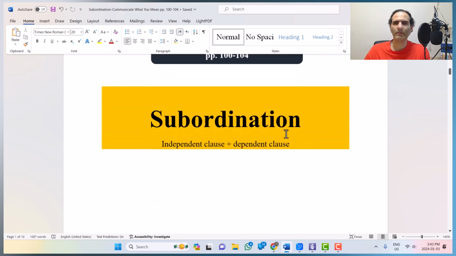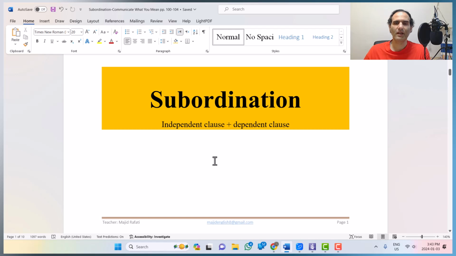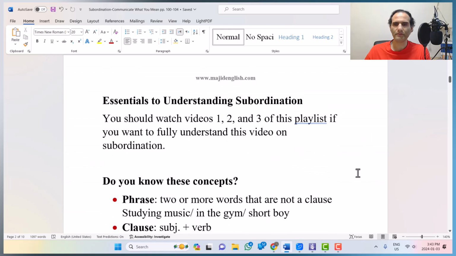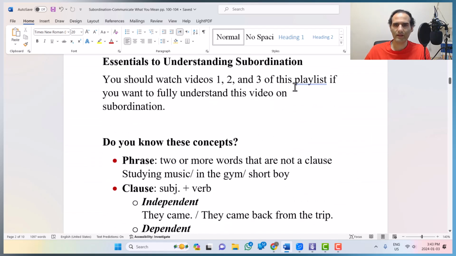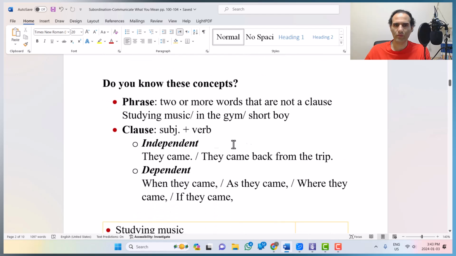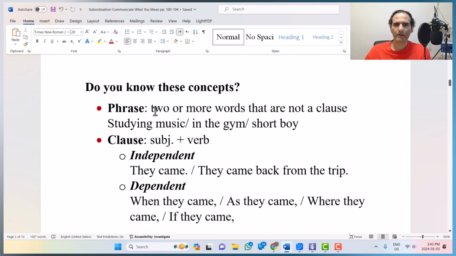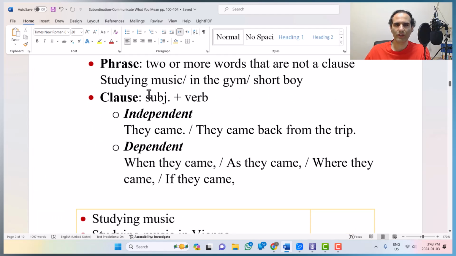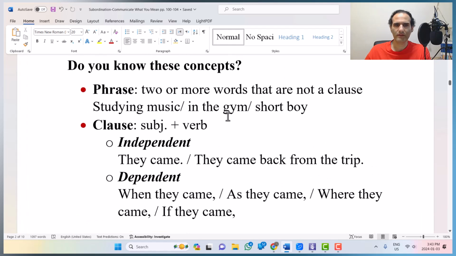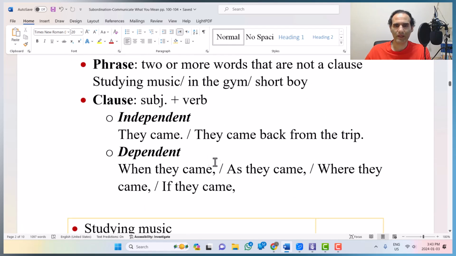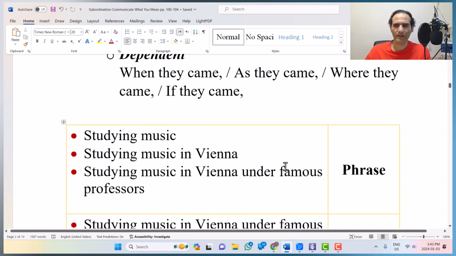Today we talked about subordination, which is connecting one dependent and one independent clause together to have a subordinated clause. And I told you that these videos are essential. First, watch them. And here, what a phrase is, what a clause is. Independent clauses, dependent clauses, we talked about both of them.